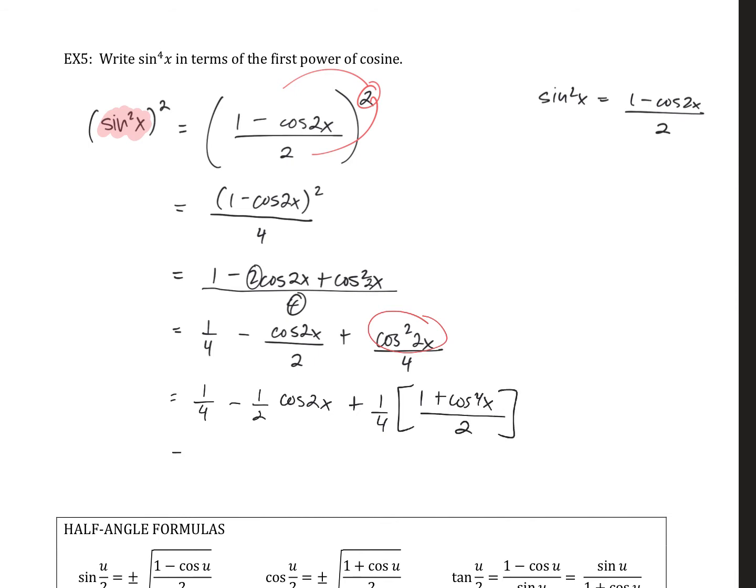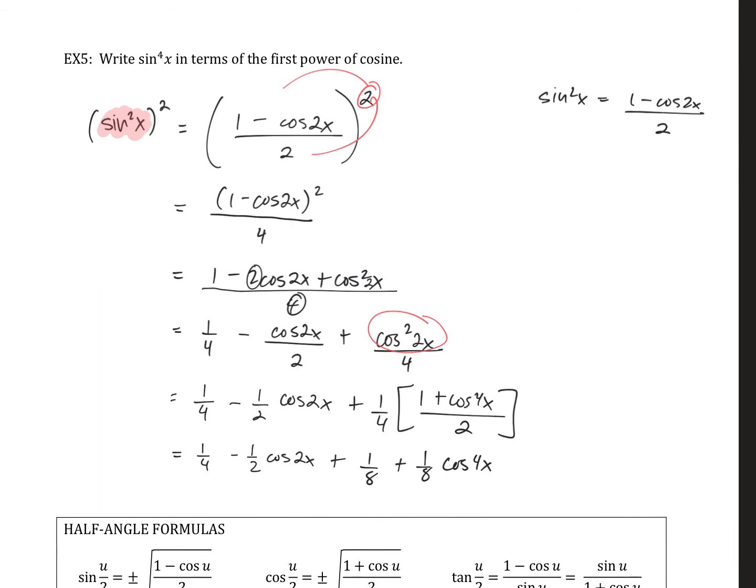Alright, we can continue writing this. We'll get a 4th minus half cosine 2x plus, distributing that 4th, we'll have 1/8 plus 1/8 cosine of 4x.